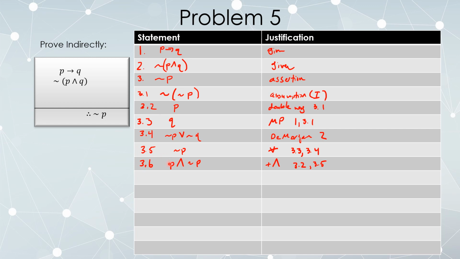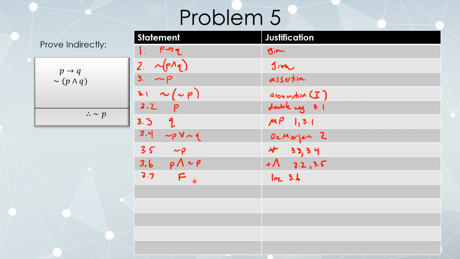And now what we have is the conjunction of a statement and its negation. That is a flat-out contradiction. So we have a statement and its negation. That is always going to be false. So line 3.6 is a guaranteed contradiction.